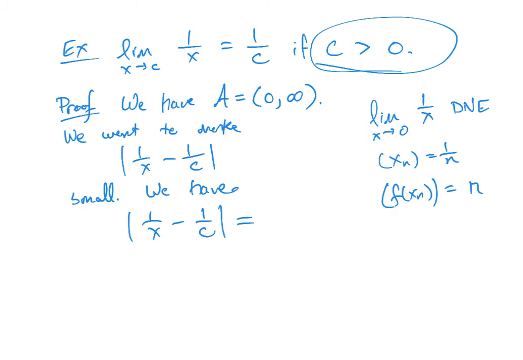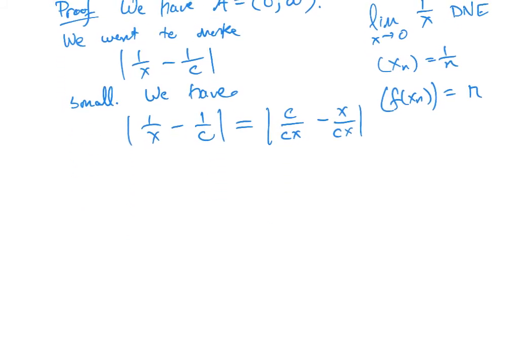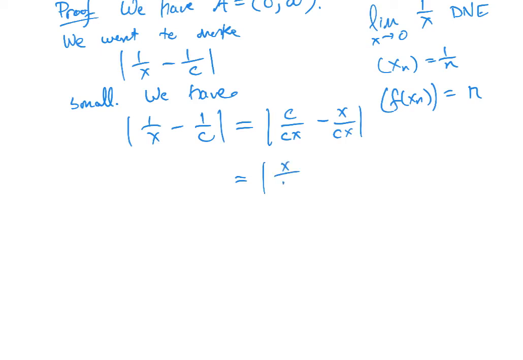We can make them have like denominators, and you get x minus c. Yeah, let's do common denominators. And now you see, actually, we're inside an absolute value, so we can flip them. Right?